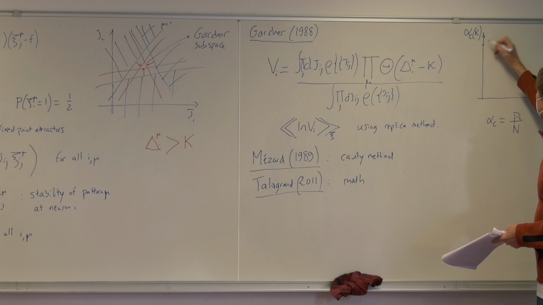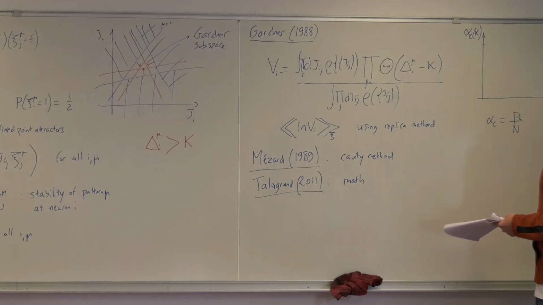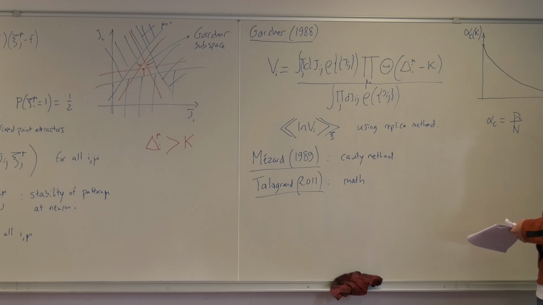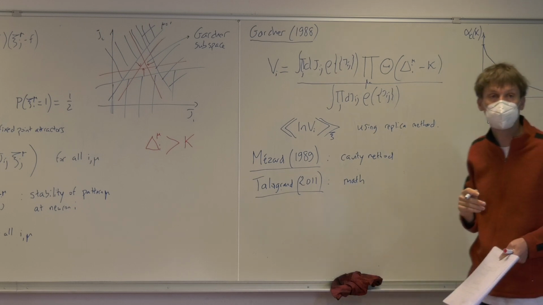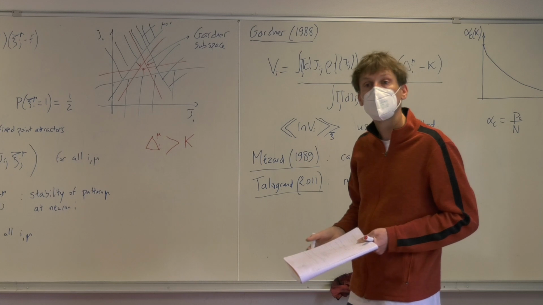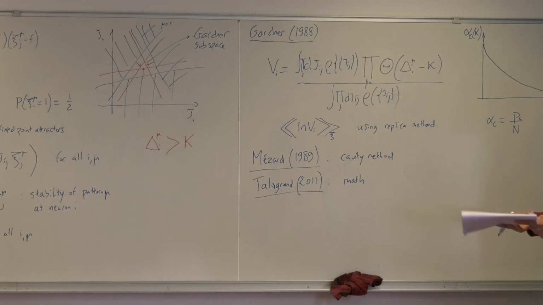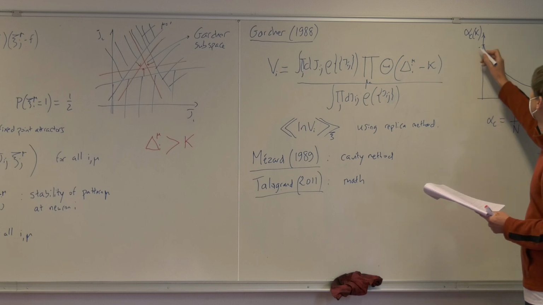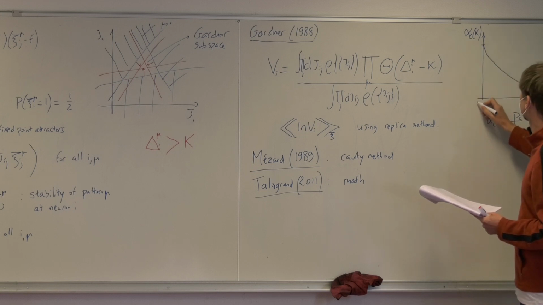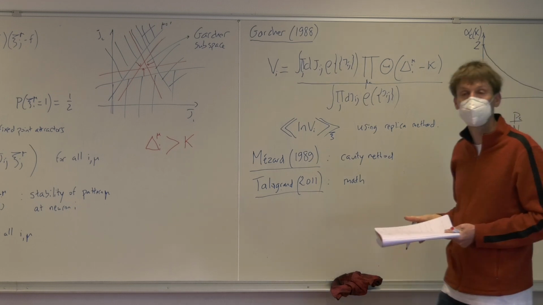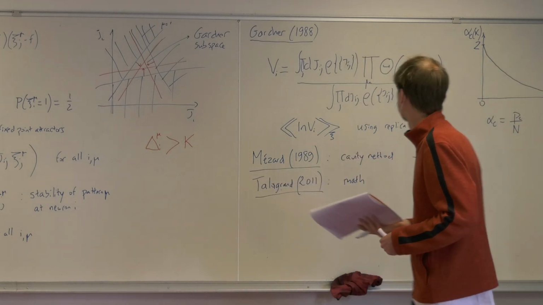As one would expect, alpha c is a monotonically decaying function of kappa. So the more robust you need the storage to be, the fewer patterns you can store in the connectivity matrix. And reassuringly, the value at kappa equals 0 is equal to 2, so you recover Cover's calculation.